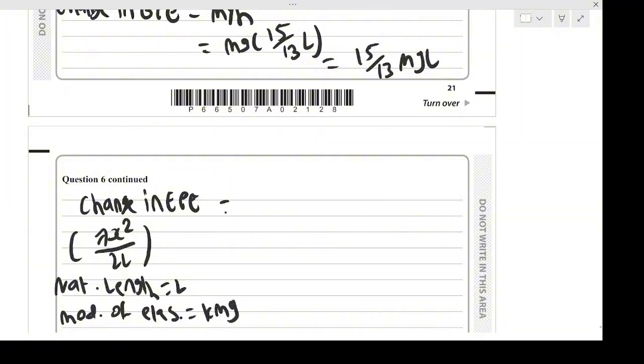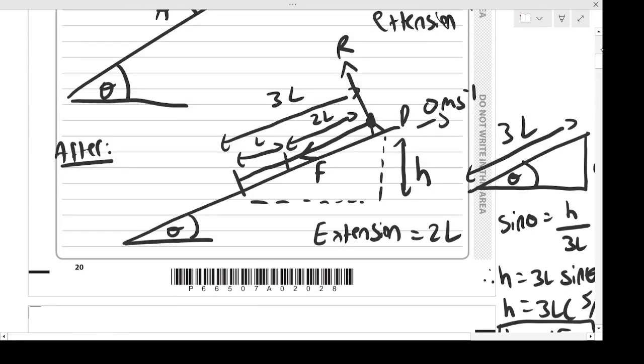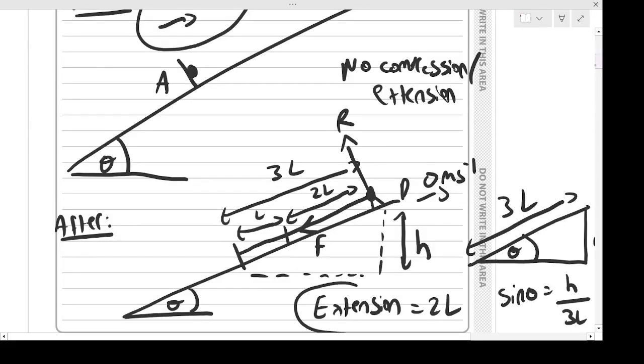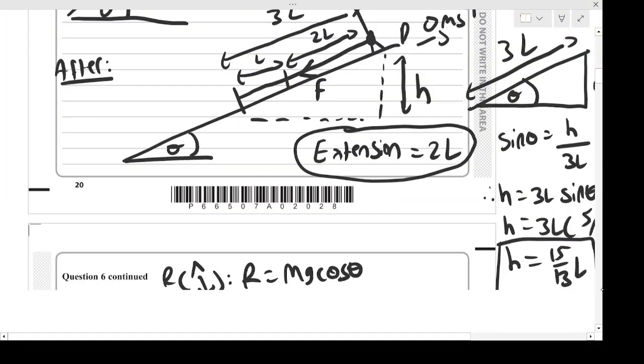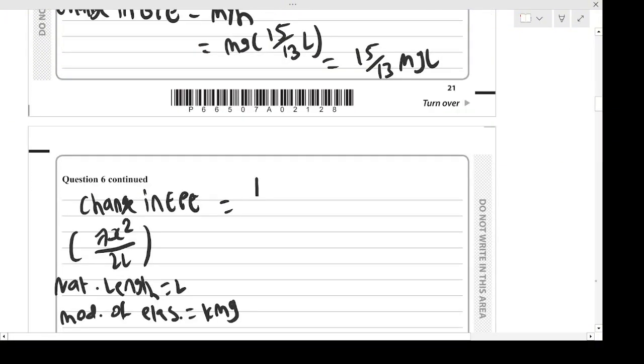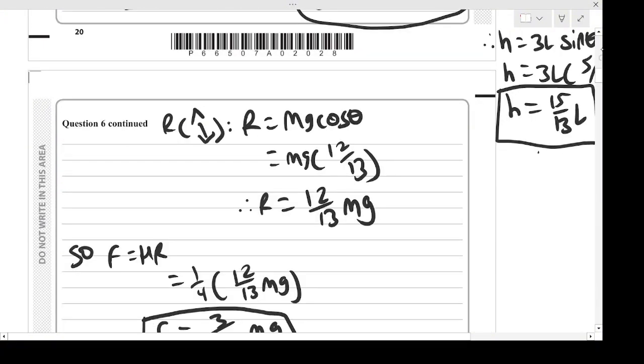So the change in elastic energy, again, final minus initial. Well, we look at the extensions we have. At the end, the extension is 2L, so x is going to be 2L. So it's going to be kmg for lambda, lots of 2L for x, squared, divided by 2 lots of the natural length L. Then take away the initial elastic energy.